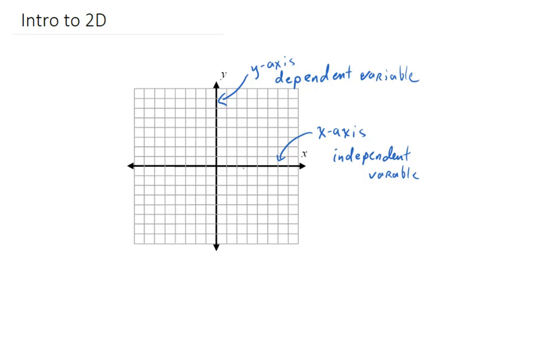Then as far as the points that we put on the graph, let's say I'm going to count off 3 for my independent and 2 for my dependent. In this case, 3 for my x and 2 for my y. That creates a point, but the way we show that numerically is something called an ordered pair.